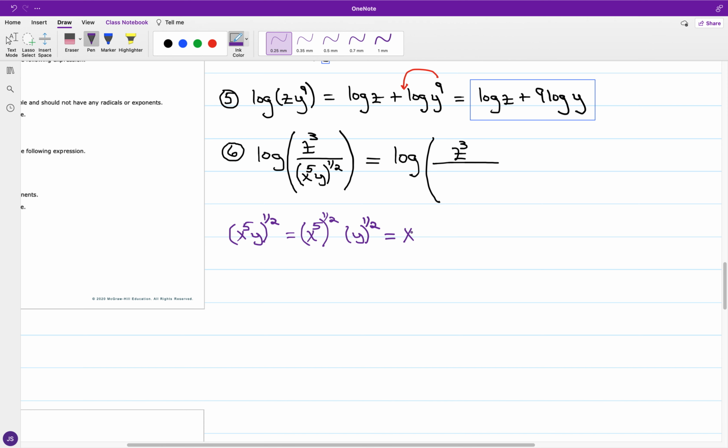So the square root of x to the fifth is x to the 5/2, and the square root of y is y to the 1/2. It's a bit of a circuitous route in getting rid of the radical and expressing it with non-integer powers. But in the rewrite, we have the base 10 log of z cubed all over x to the 5/2 times y to the 1/2.